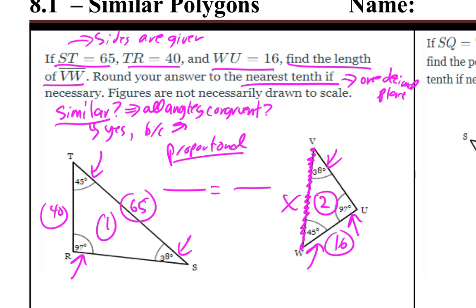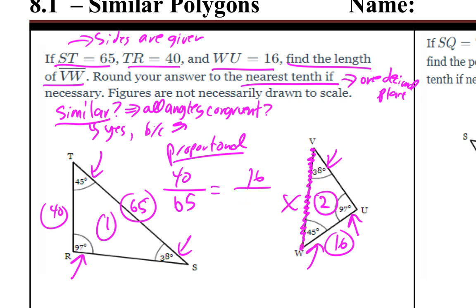So set up what you think. All right, what if I said 40 over here and 65 over here? Well, what would go over here? Between 45 and 97 would be 16, so that would correspond with the 40. So 16 would go over there, and then over here between 45 and 38 would be x.